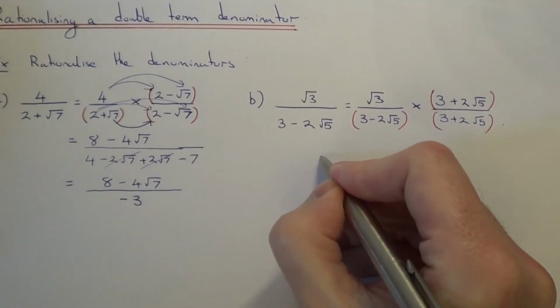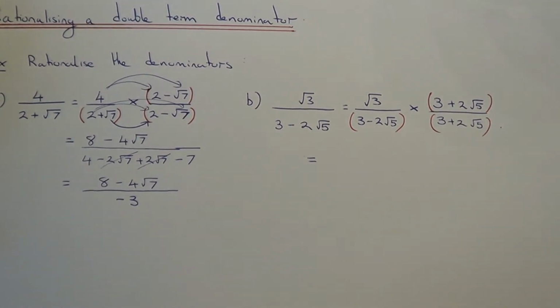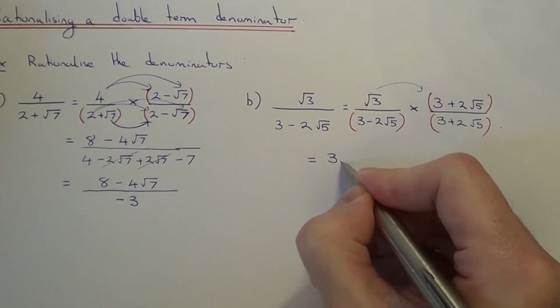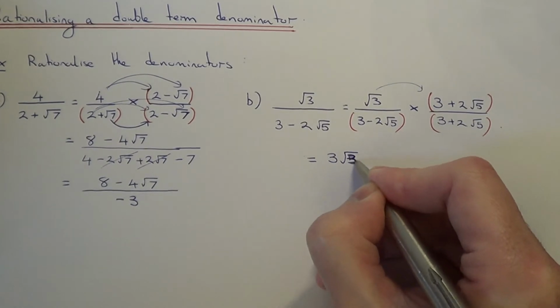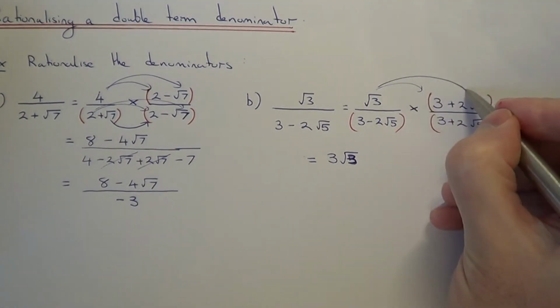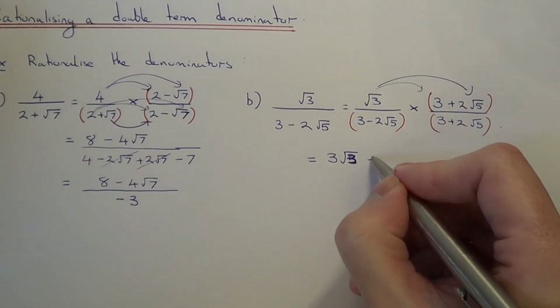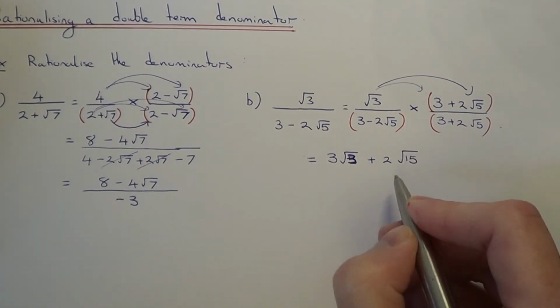So again, on our numerator we have a single bracket, so root 3 times 3 is 3 root 3. Root 3 times 2 root 5, that would be 2 root 15.